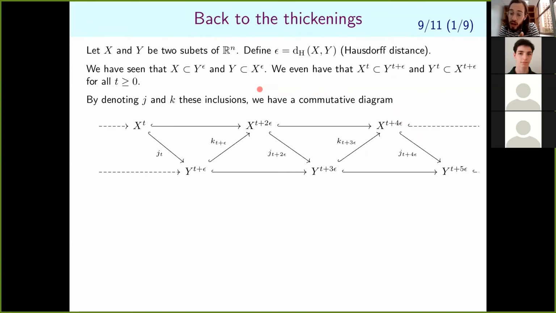And this is true actually for every value of t: the t thickening of X is a subset of the t plus epsilon thickening of Y, and vice versa.